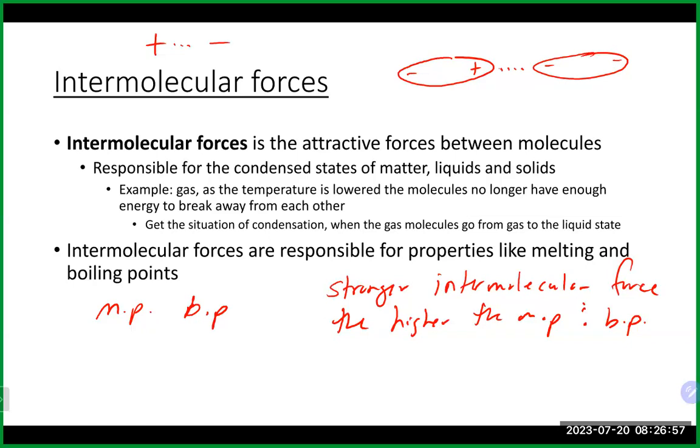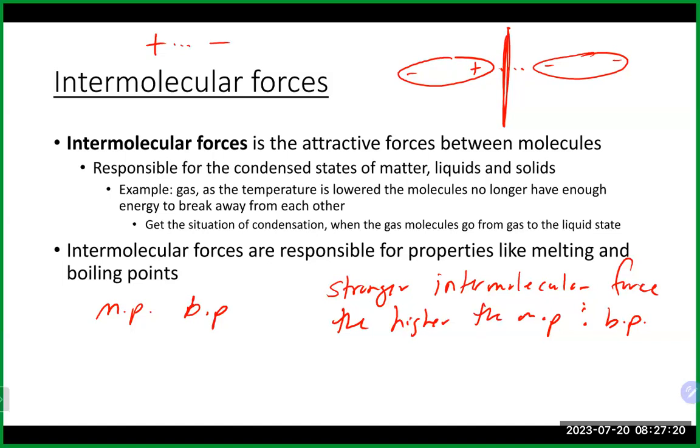And the opposite as well, the weaker the intermolecular force, the lower the melting point and boiling point. That is because in order to get something at the boiling point into the gas phase, you've got to break that bond between the 2 molecules. And if that bond is relatively strong, it's going to take a lot more energy to break, which means you will have a much higher boiling point.